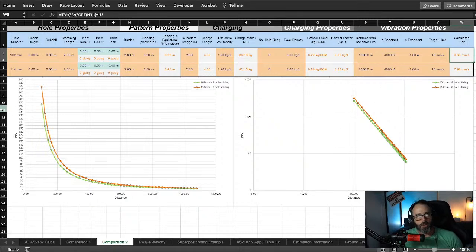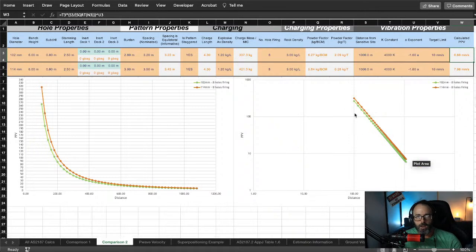Awesome. Now this little chart here is showing you how close these waves are together, and how close these blasts. This is the log of it. Now they're both at the same angle, both at the same K. The only thing that's different in here is the influencing charge, and the influencing charge on line 2 is driven by the hole diameter, and you can see here that this point is slightly higher on the chart.